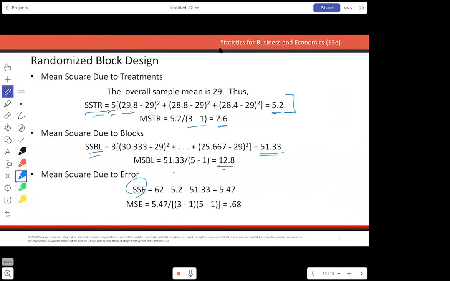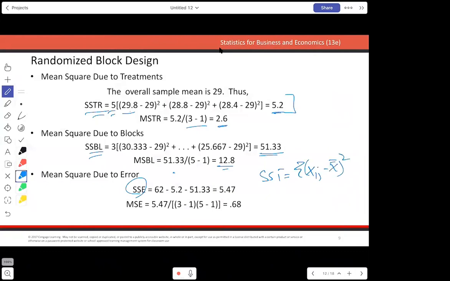Now we'll find SSE by subtracting. Let's see what we have here. We will need to find SST and subtract the SSTR and SSBL from it. So how do we find SST? SST is equal to the sum of Xij minus X double bar squared.